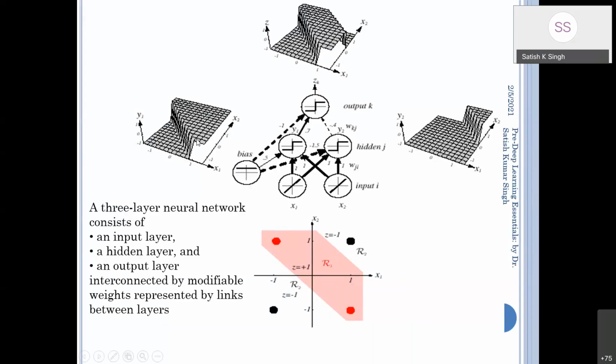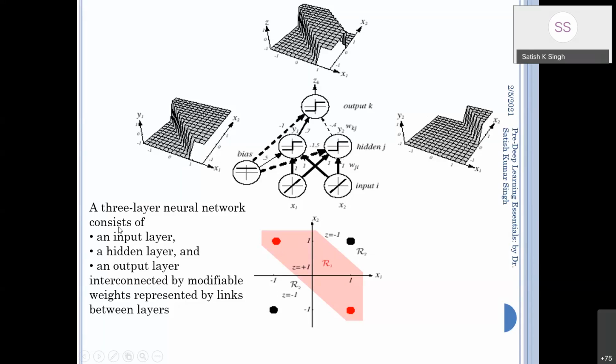This is a complex function, and this is a second complex function. These functions are added using appropriate weights, and the final distribution can be obtained in this way. Got it? It means we can form the decision boundary. This is a complex decision boundary, but it can be formed with the help of these hidden units. Still, we can consider this a simple problem.